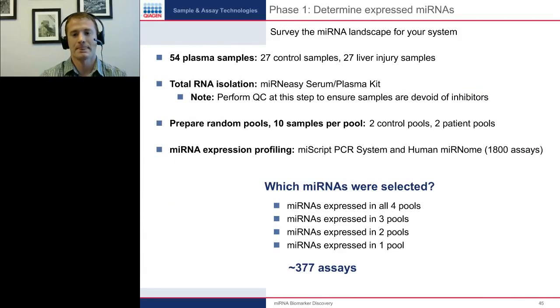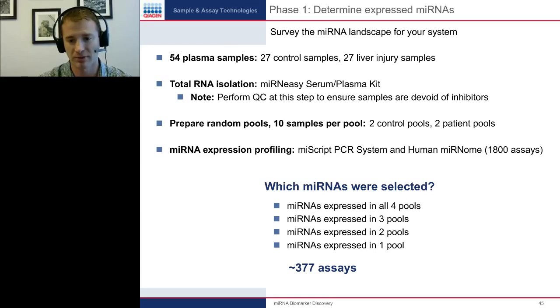So Phase 1, again, you're determining the expressed microRNAs and essentially surveying the microRNA landscape. For this, we started with 54 samples, 27 control samples and 27 liver injury samples. We isolated RNA with a microRNA serum plasma kit and prepared 4 pools, 10 samples per pool, 2 control and 2 patient pools.